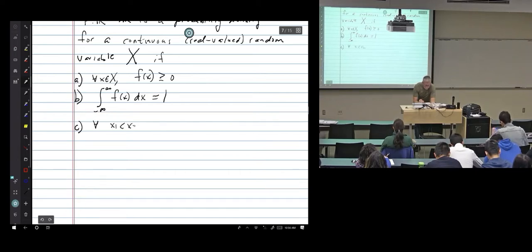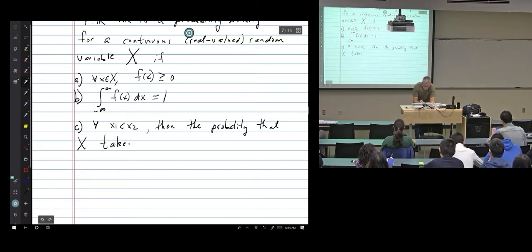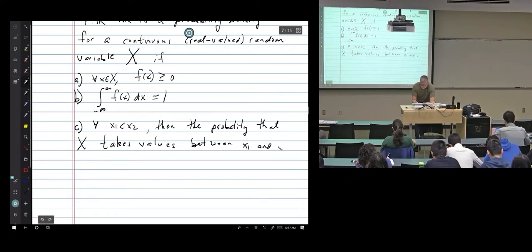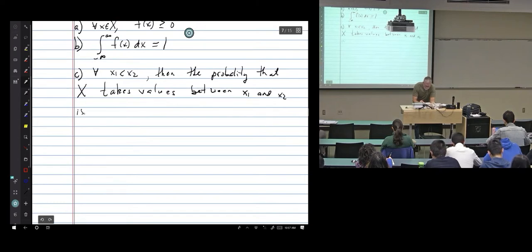If I have two real numbers, x1 less than x2, then the probability that x takes values between x1 and x2, probability x1 less than x less than x2, is equal to the integral from x1 to x2 of f of x dx.